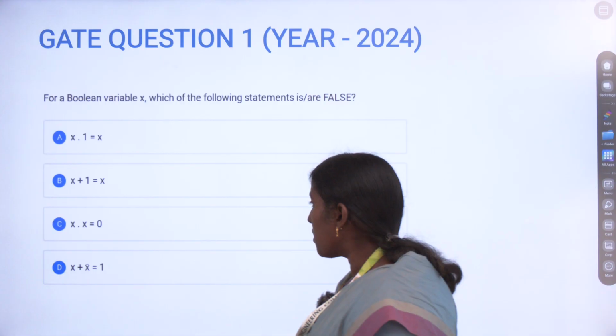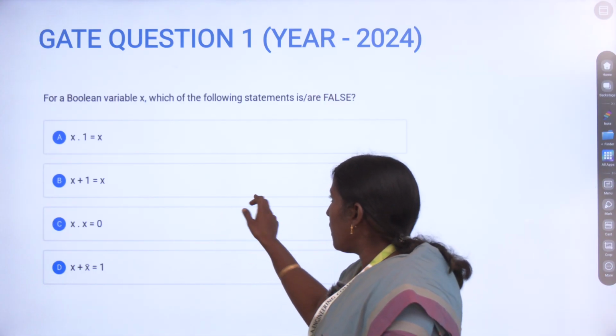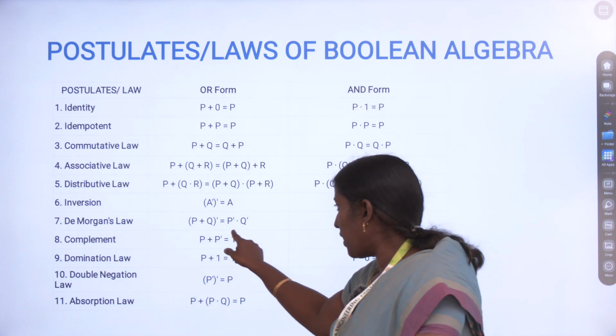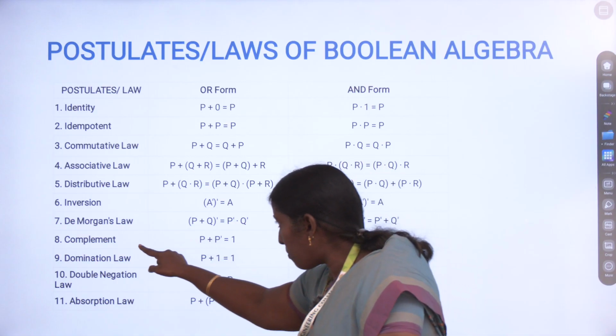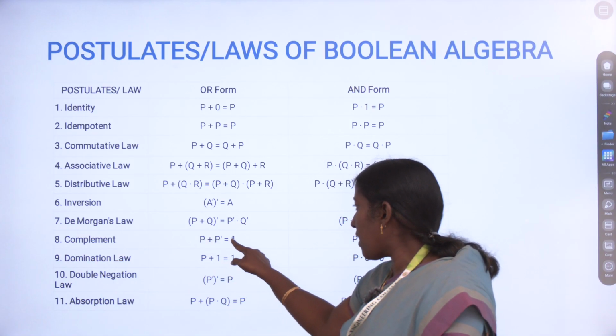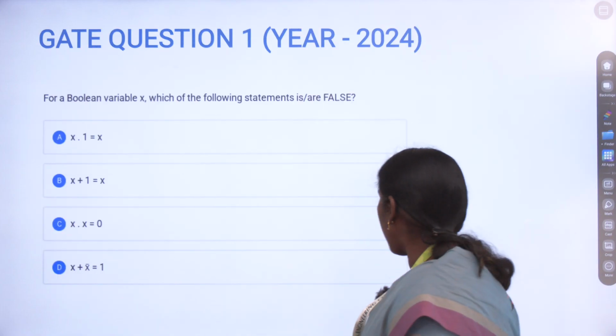Let us go with the final choice. x plus x bar is equal to 1. Let us compare this with our laws. This is quite same as the complement law. So what is the complement law? p plus p dash is equal to 1. So this is right.